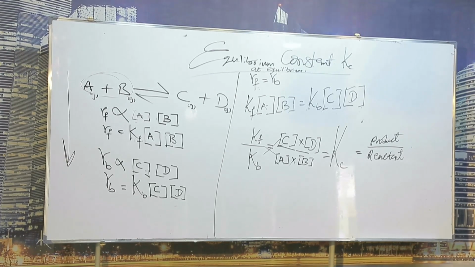Next, I'll add a coefficient to the reaction, so we can raise it to their stoichiometric coefficient. Can you state the law of mass action by Guldberg and Waage? Ready, go.